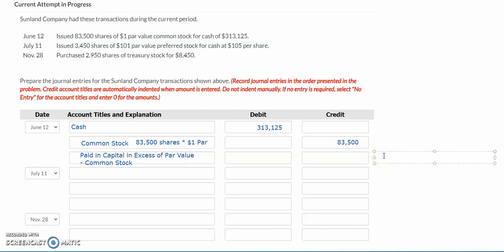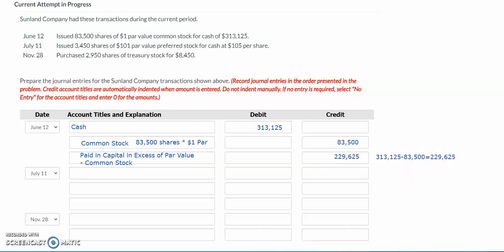So we're going to take our $313,125 cash minus $83,500, and that's going to equal $229,625, and this is going to be the amount that we're going to credit.